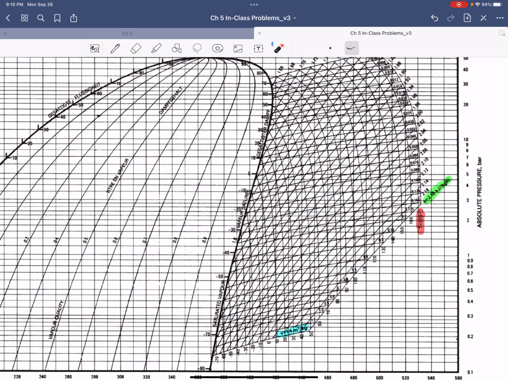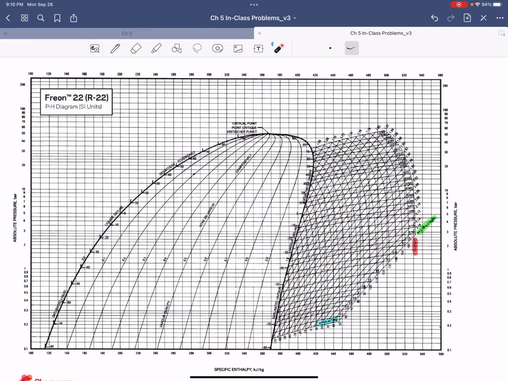And so as I mentioned before, just like in the steam tables where if you knew, for instance, the pressure and the enthalpy of your system, wherever they intersect here allows you to figure out different thermodynamic properties.